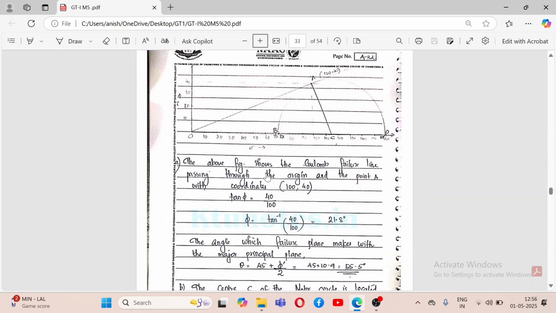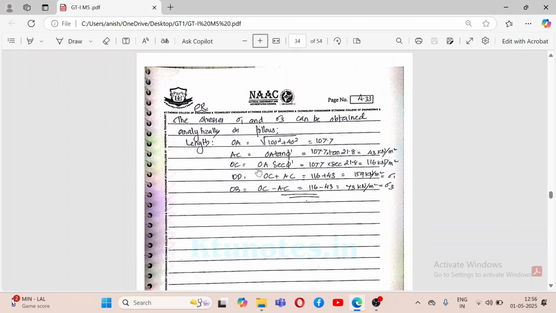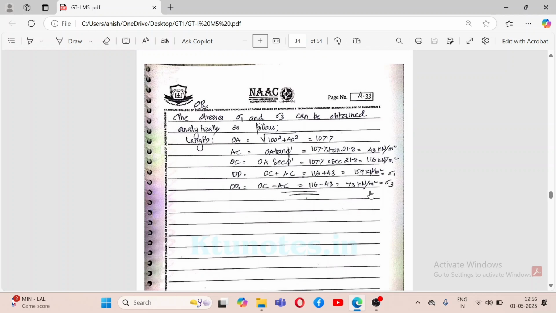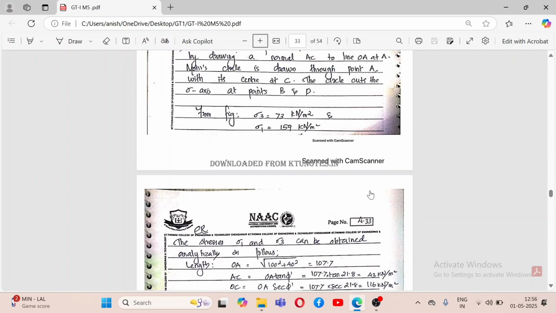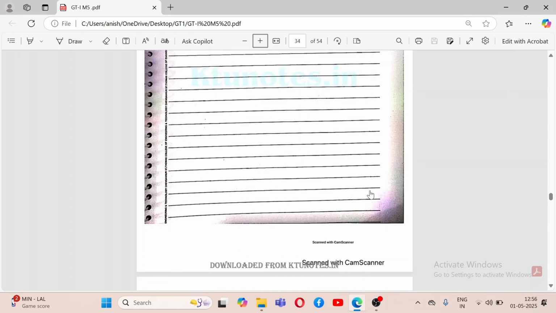You have to work out each length. You should try this problem, otherwise you will find it difficult to solve in the exam. Just put in the corresponding values and calculate. You get nearly the same value as what you found in the graph. Okay, that's it. I think that covers Mohr circle problems.